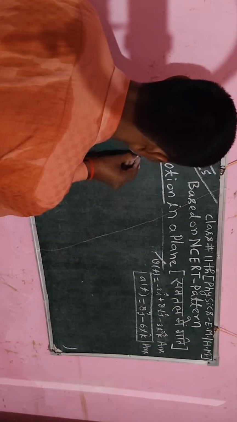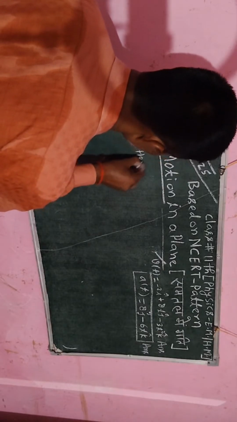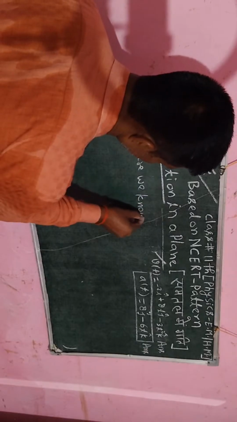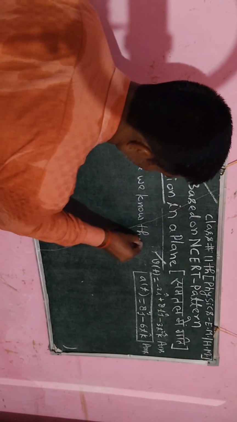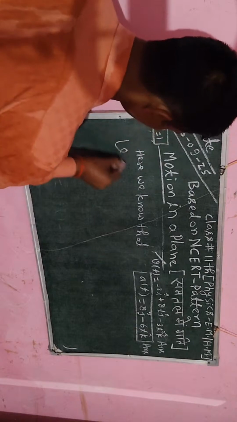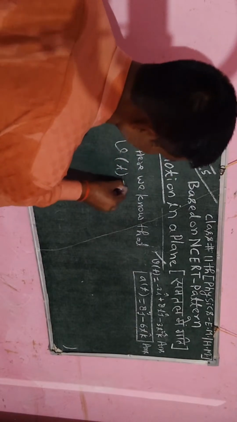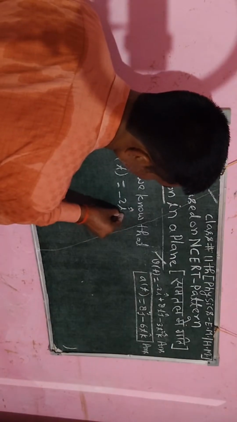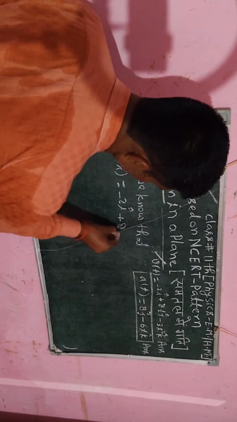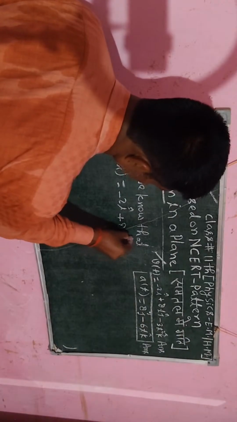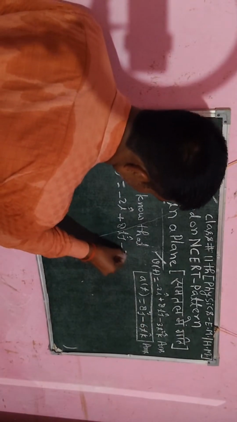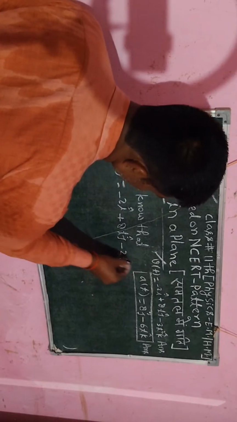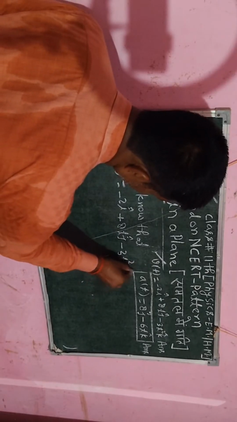Now here we know that v of t is equal to minus 2 vector i cap plus 8t vector j cap, and minus 3t square vector k cap.